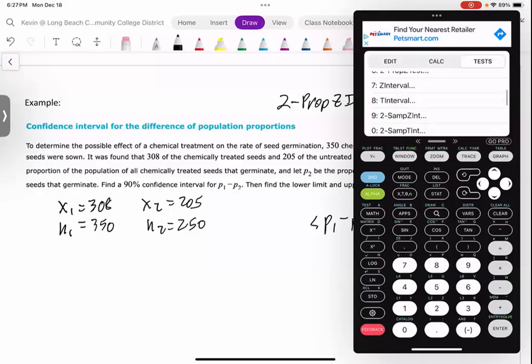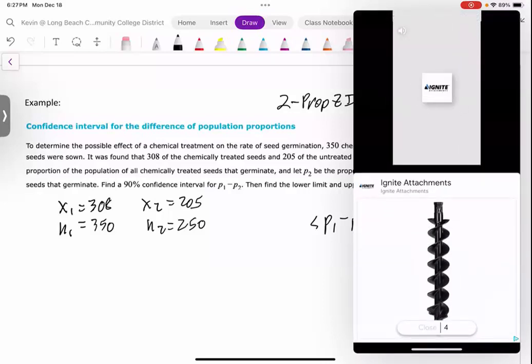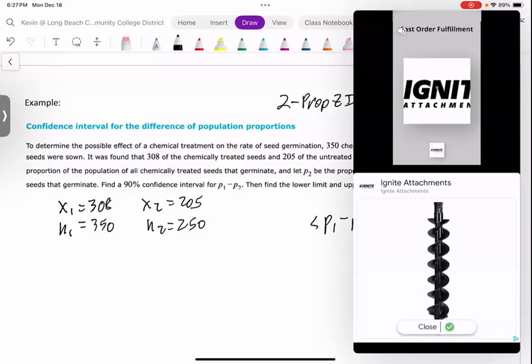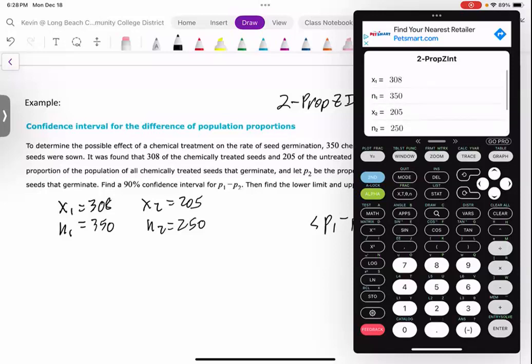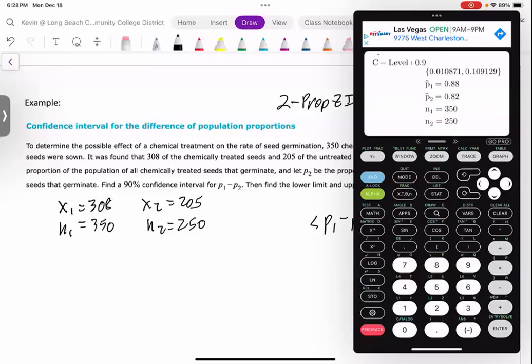Test, 2 prop z interval. Sorry about the advertisements. And so 308, 350, yeah, 205, yep, of the 250. And 90%. All right.